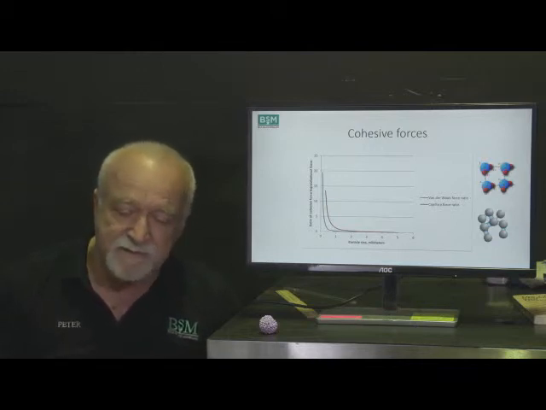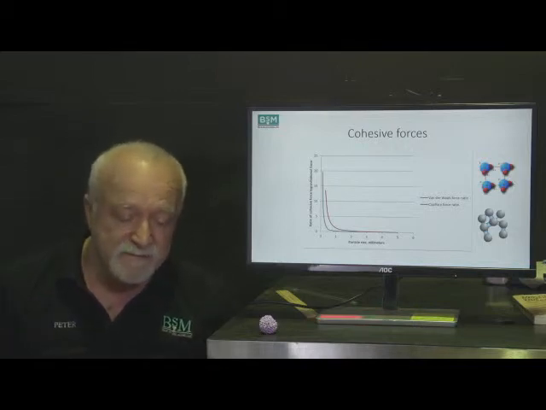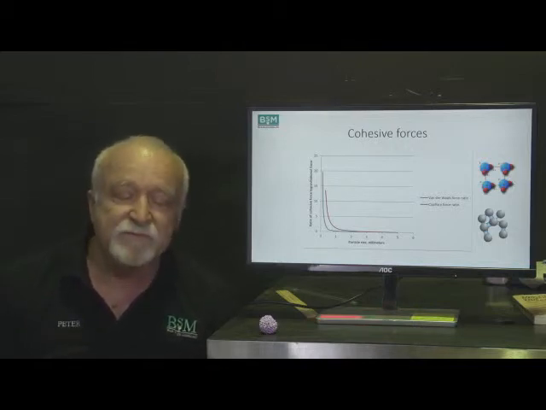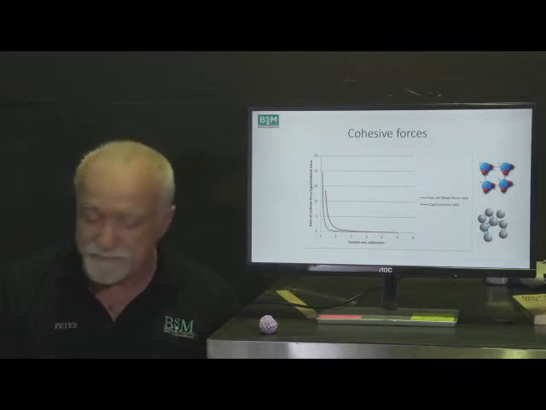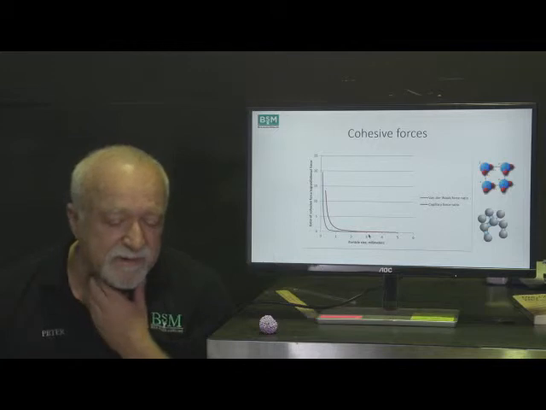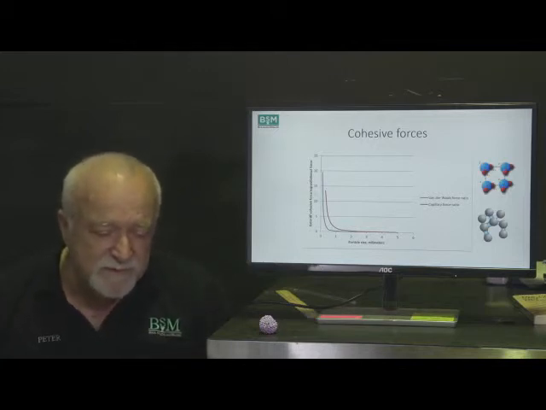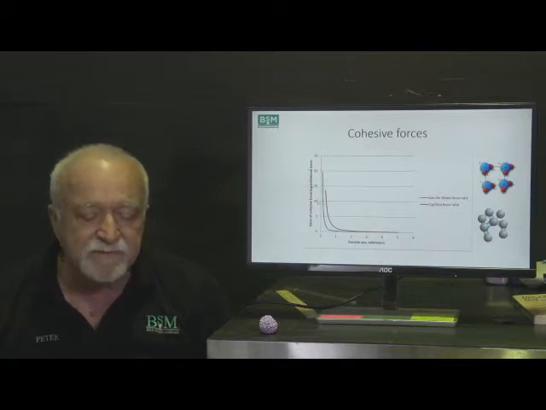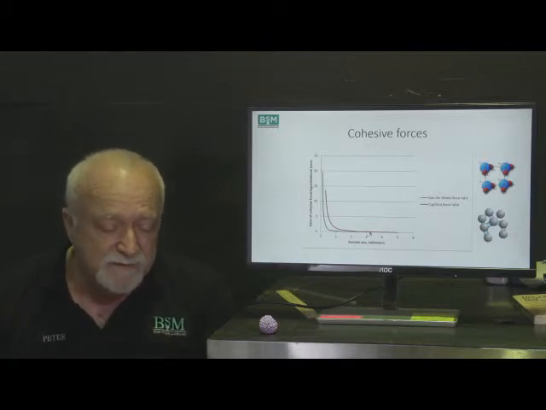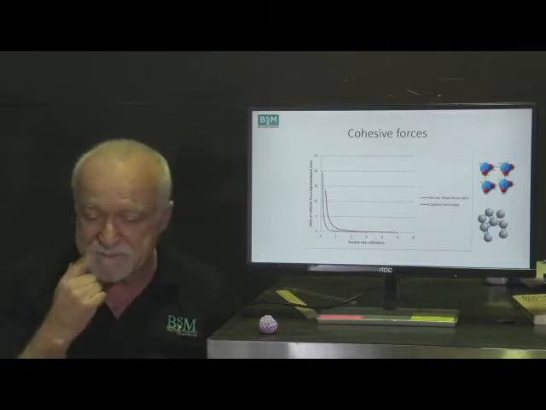I've done this for a perfect system as a function of particle size, and I've graphed it here. We've got the two lines. The vertical axis is the ratio of the cohesion to the gravitational force. So at particle sizes around 3 millimetres, we've got virtually no cohesive forces in the system. They're irrelevant.